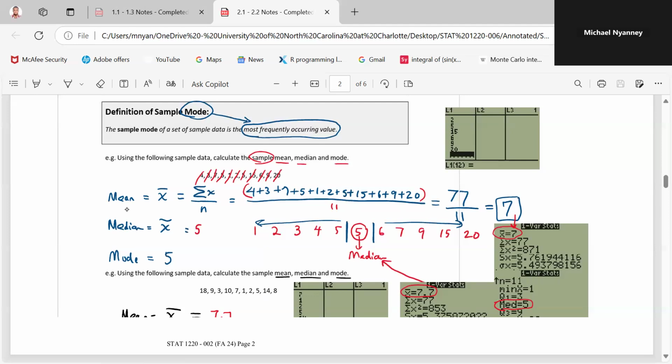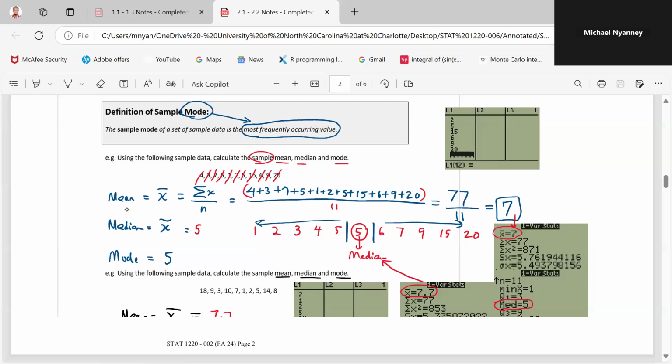So if you have your TI-84 calculator, all you need is to go to the stats and go to edit. You're going to have list 1, list 2, list 3. Input your data points there. Then click the stat again. On top of it, there's a calc.